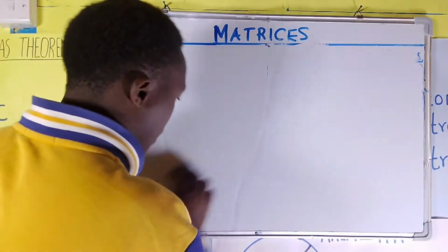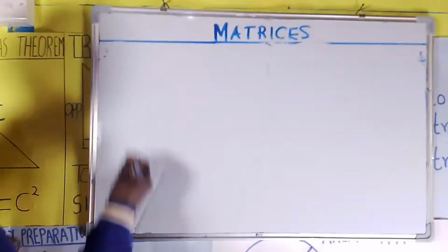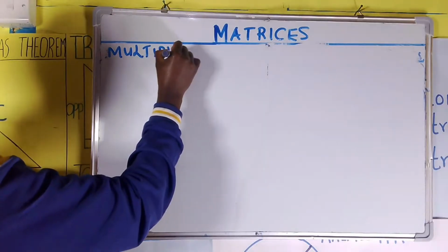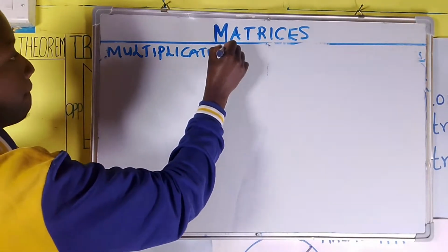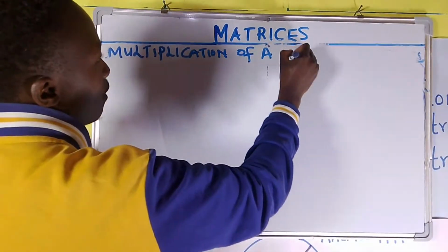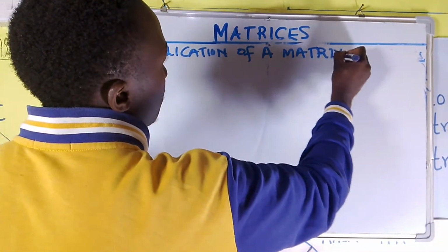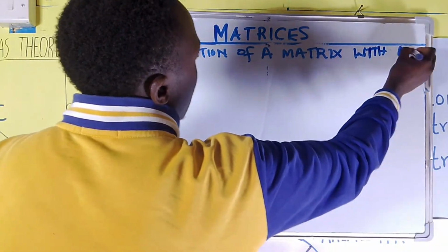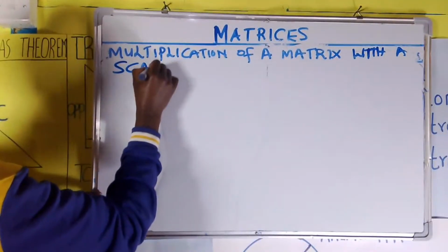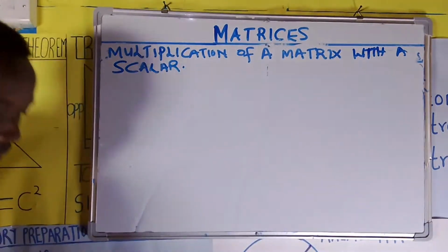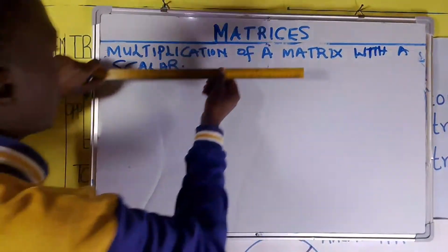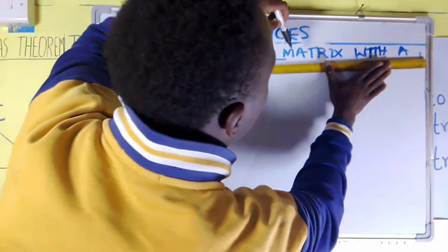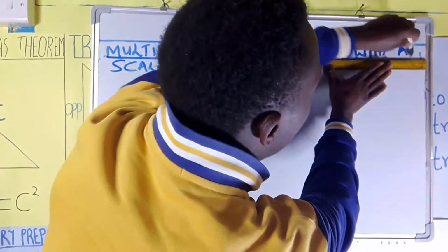So the next subtopic is multiplication of a matrix with a scalar.